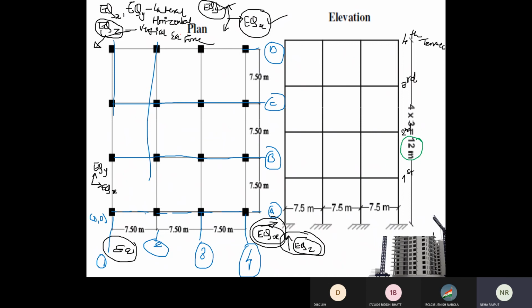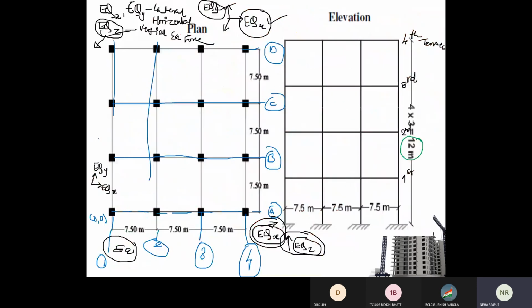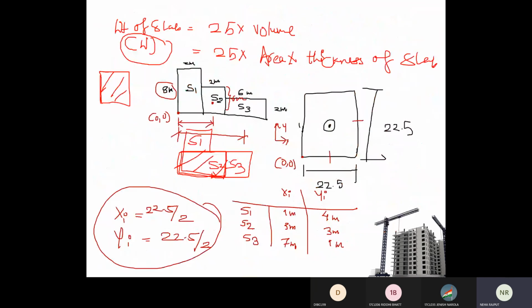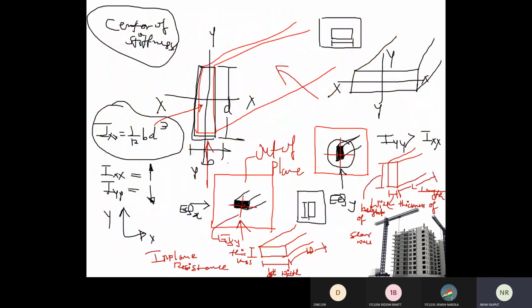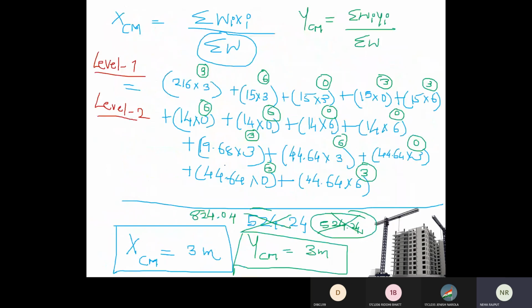So you need to consider the center line grids of your plan passing through the column elements and shear wall elements in X and Y direction. Here the shear wall is not available, but in this plan the shear wall is available. So you need to mark the center line from your shear wall also.